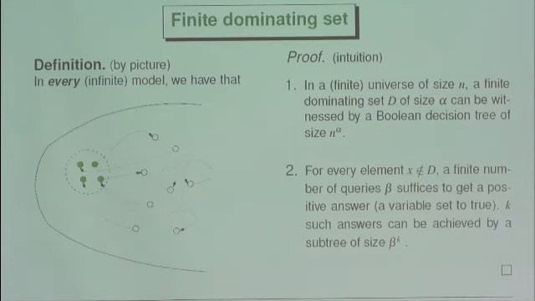There may be a unary relation, or even with binary and other relations, it could be the case that some of the elements are dominated by itself, if you think about it. So that is what a finite dominating set is.